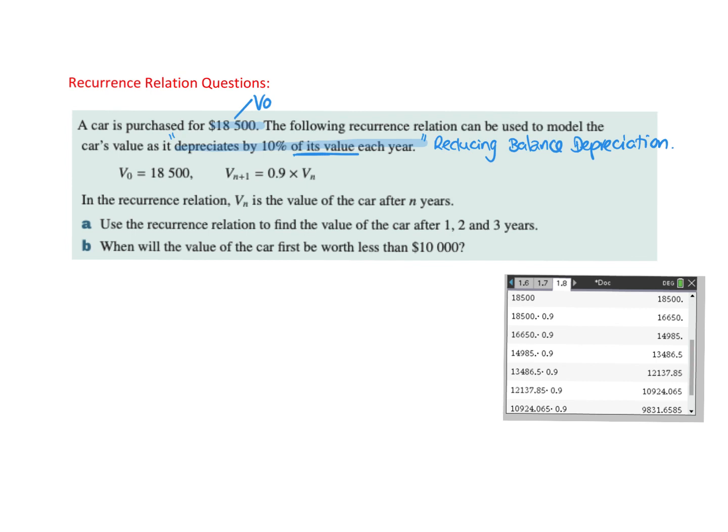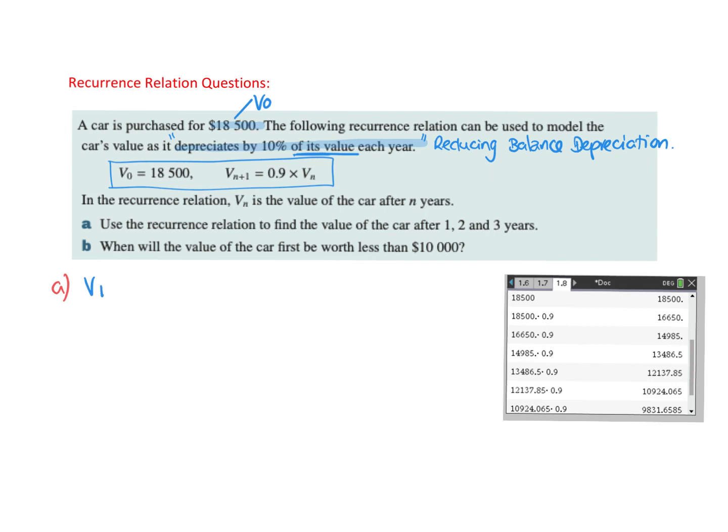Here they've given us the recurrence relation, because they've given a V0 and a V(n+1) formula. It says use the recurrence relation to find the value of the car after 1, 2, and 3 years. Remember, this is the same as yesterday with compound interest. We must show the working.